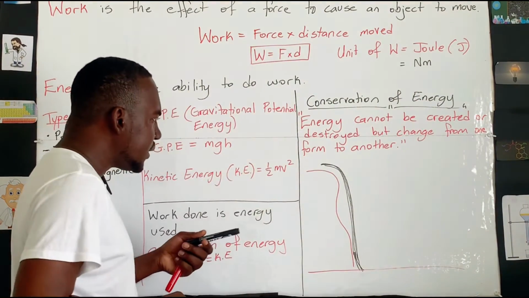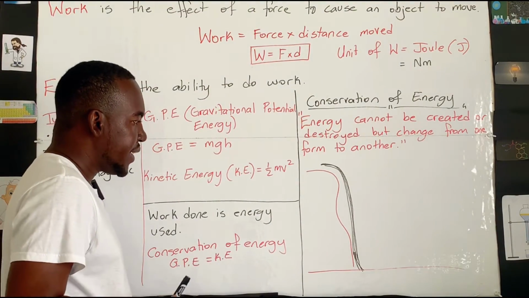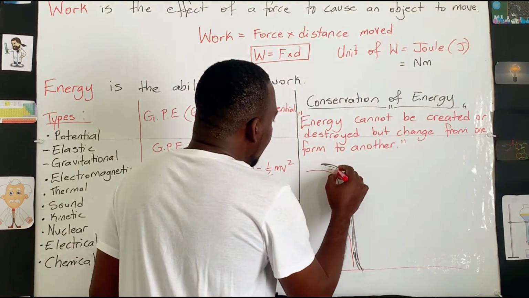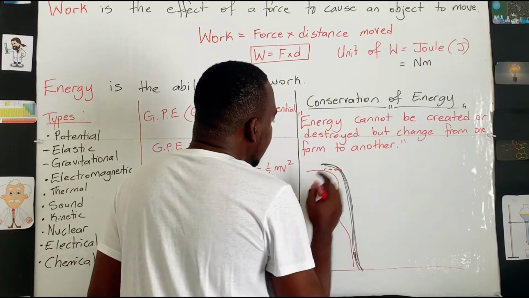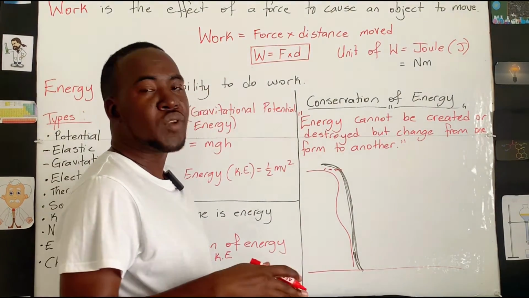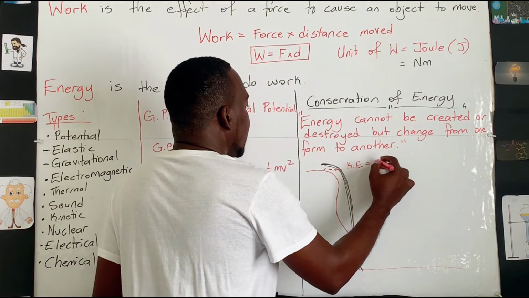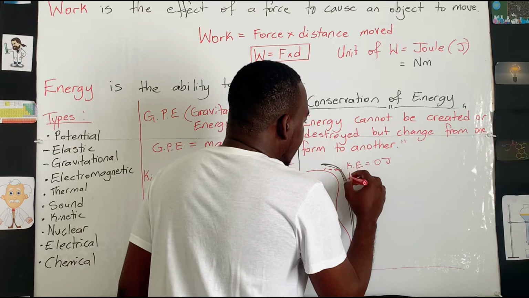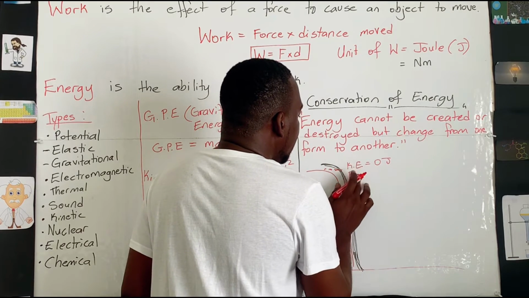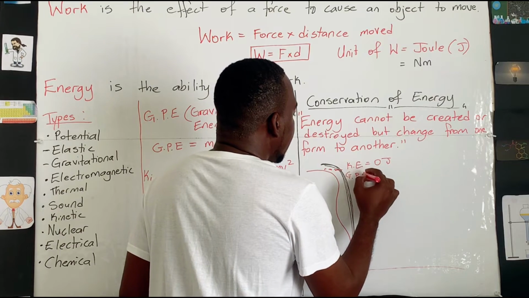So let's look at this situation. This is a waterfall. All right. At the top of the waterfall, the water is relatively not moving, so we're going to see that the kinetic energy here is 0 joules. But because it is above the ground, it has some stored gravitational potential energy.